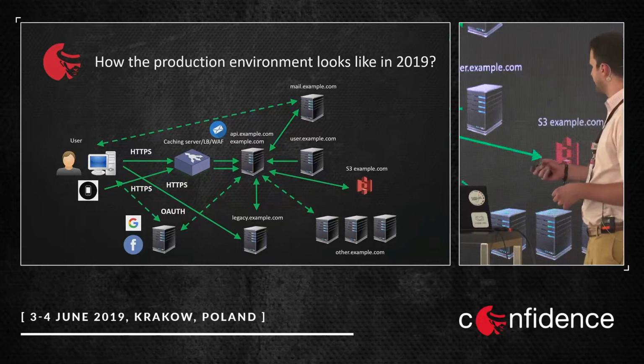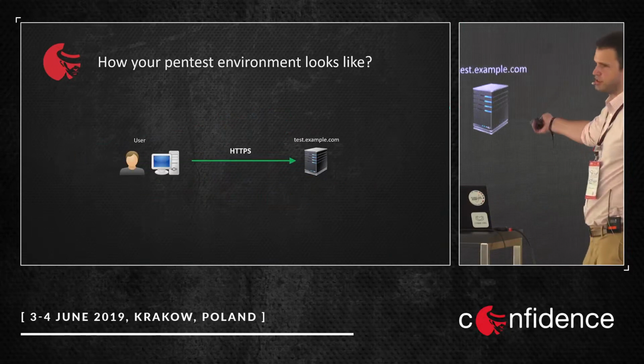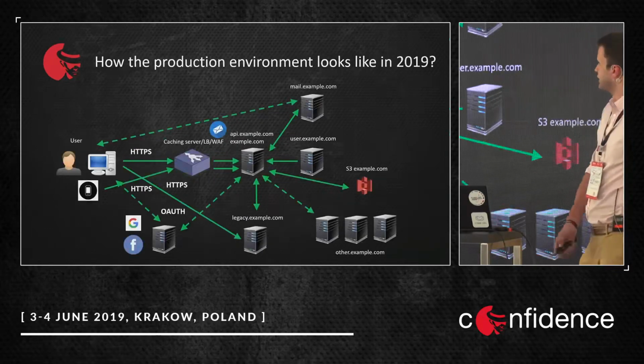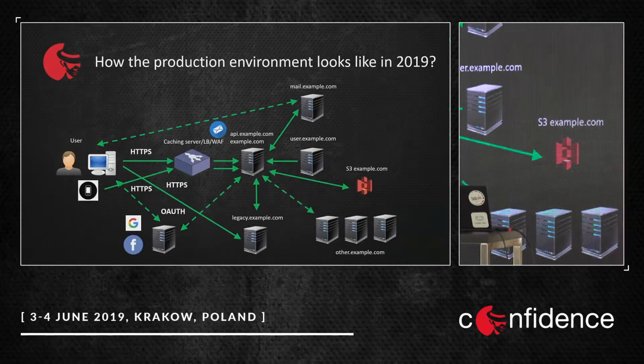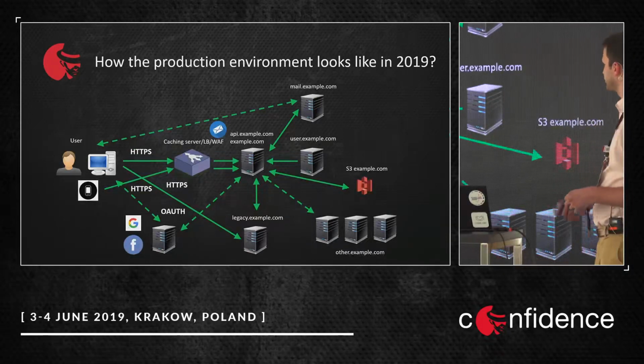So as you can see, there is this challenge: pen testers get this information, but the system looks like that. You have a lot of components which theoretically are in scope and which theoretically may have some impact on the application that you are testing.